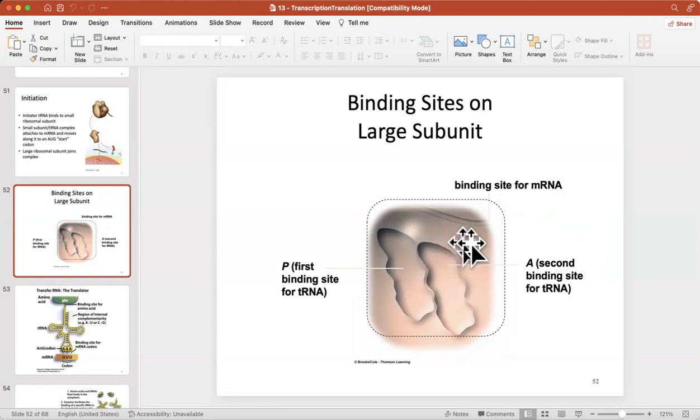Then the ribosome moves, and now the second one moved to here, and this one is empty. So every time you only have one empty space, and only the correct tRNA with the correct anticodon, bringing the correct amino acid, will come here and bind, and they'll form the peptide bond. These two spaces are called the P site and the A site.